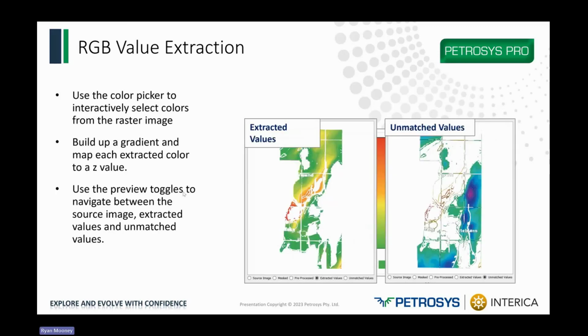And once you've built up your color gradient, you can then toggle the view to either extracted values or unmatched values. So obviously extracted value is going to show you what colors you're picking up, and then the unmatched values are going to tell you which ones you're not picking up. And then if you're not picking up a specific color, then you can add that to your color gradient.